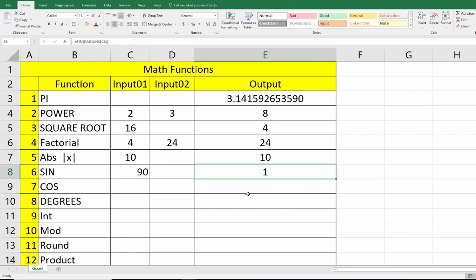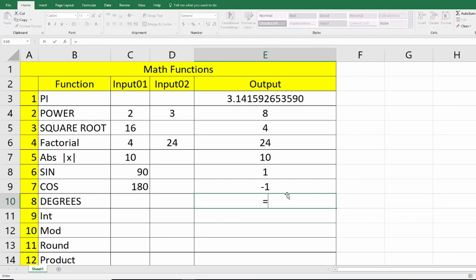We can do the same thing for cosinus. I'm going to write there cos and open the parenthesis, write the radians because I need to convert the value, and then here we go. Let's say I'm going to write the 180, it should be minus 1. Bravo. Alright, that's it. So you have to convert the values to radians in trigonometric functions.